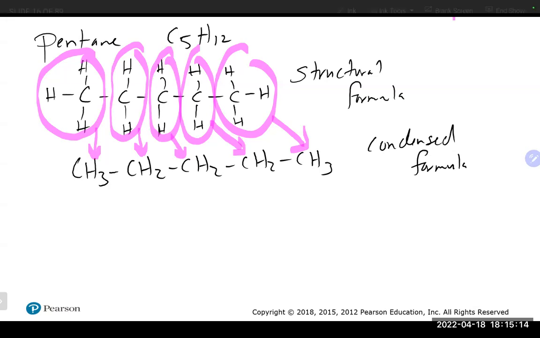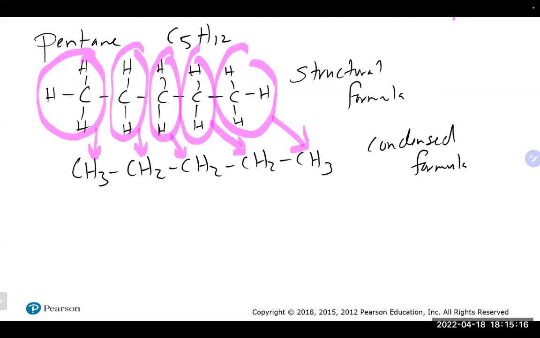Lastly, obviously, we can have our line structure, which would look something like this, like a mountain range, basically. Although you don't put the dots, this would be 1 carbon, 2 carbons, 3 carbons, 4 carbons, and 5 carbons.